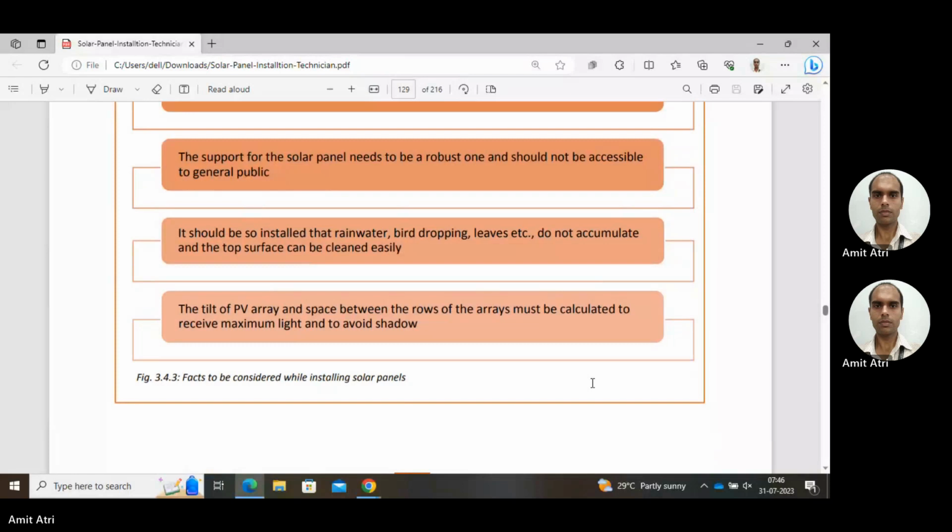We should avoid anyone going there, except for maintenance. Trained technicians can access it for maintenance purposes, regular checkups, or maybe daily cleaning activity. But the general public we should avoid. Everyone should not be going there. After that, it should be installed so that rainwater, bird droppings, leaves, etc. do not accumulate on the top surface and it can be cleaned easily. Yes, because all of these objects like bird droppings and leaves fall there on the panel.